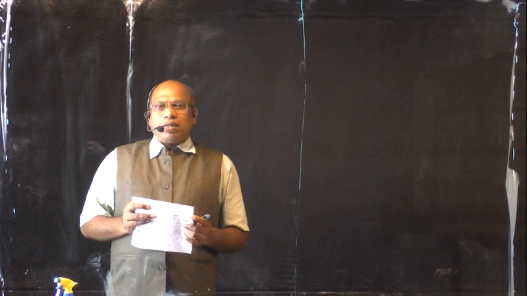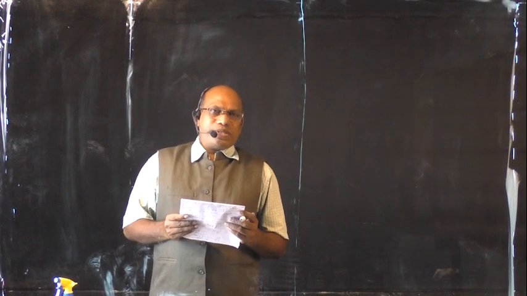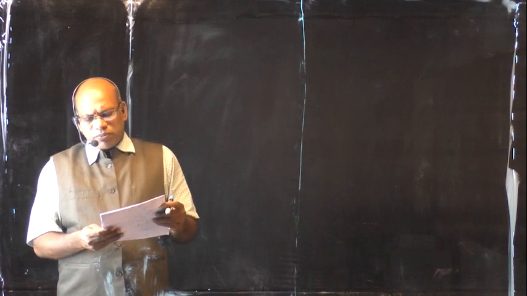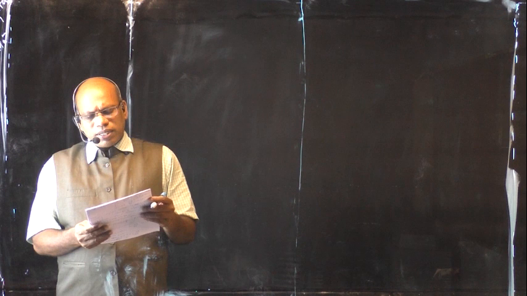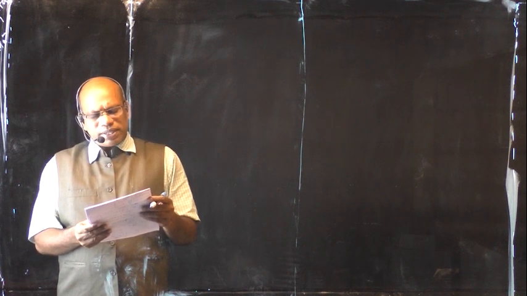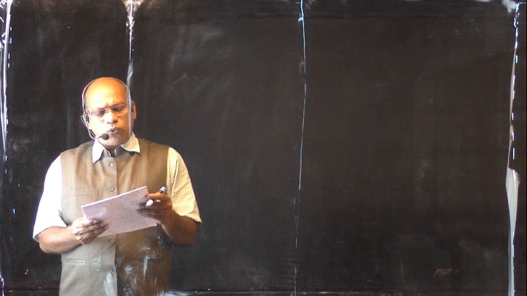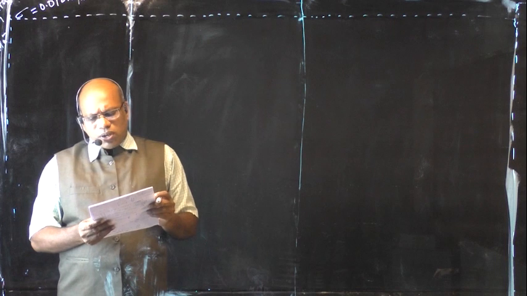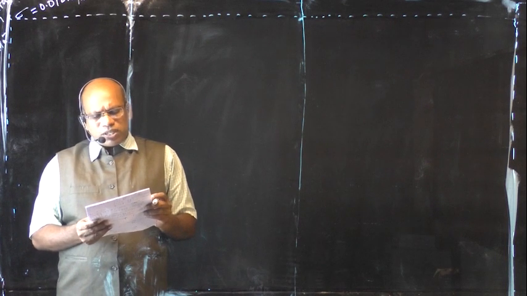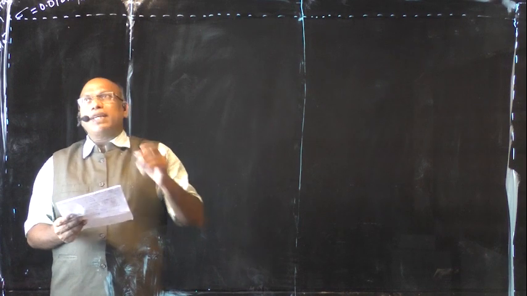Right. Now we are going to solve some problems related to surface tension. Please note down the problem. The surface tension of water in contact with air at 20 degrees is 0.0725 Newton per meter.